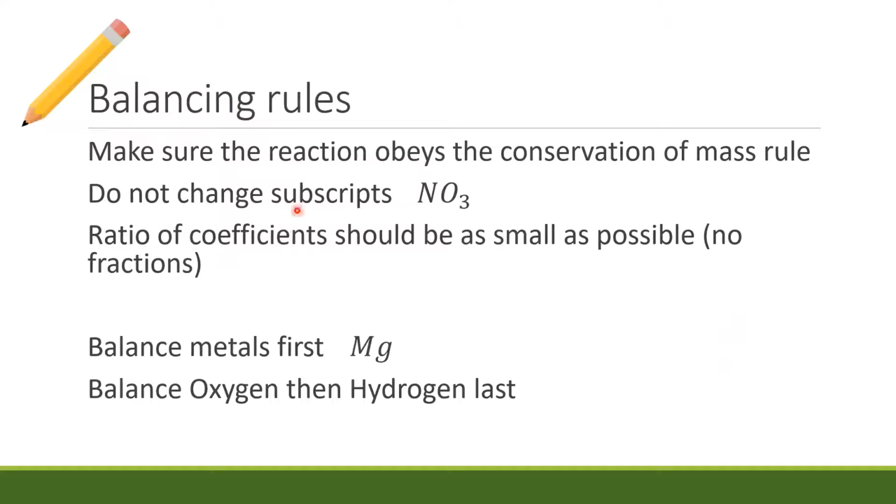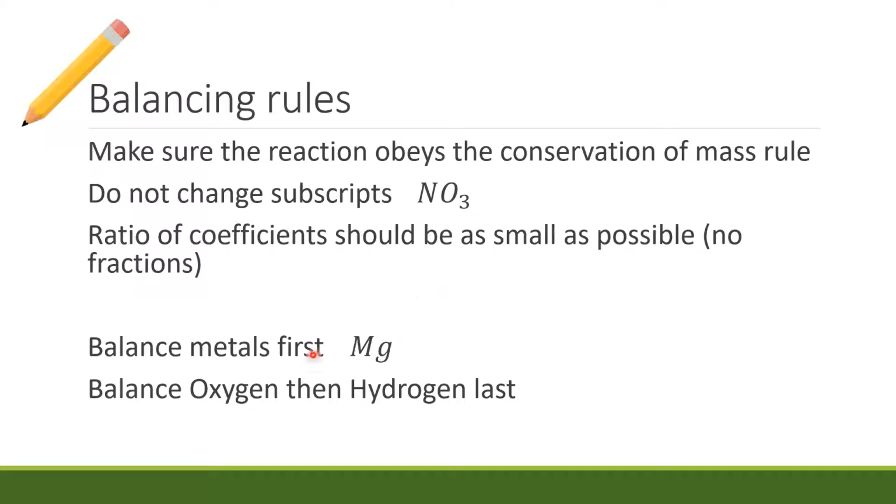Then we went over balancing. What do we need to do? You can't change the subscripts. You can't change it to NO4 because that changes the molecule. If you change H2O to H3O, then you've got a different molecule completely. But you can put a different number at the front.